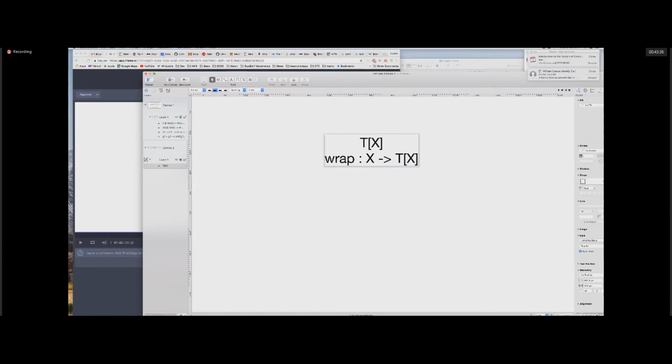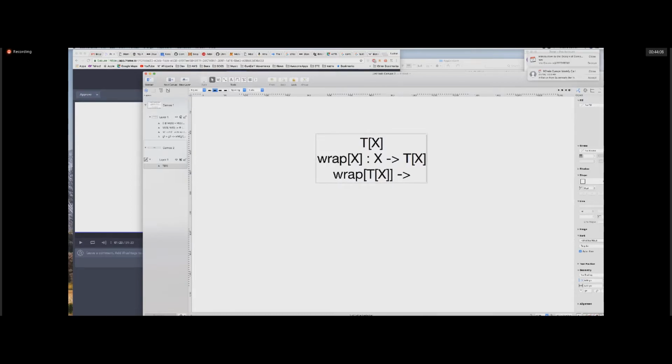Right? And notice that if I have a function like this, then, just to be super careful about this, it's parametric here. So since it's parametric there, I get to have an instance of wrap, which is the T of X. So that would go from what?